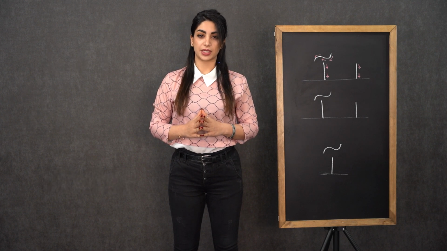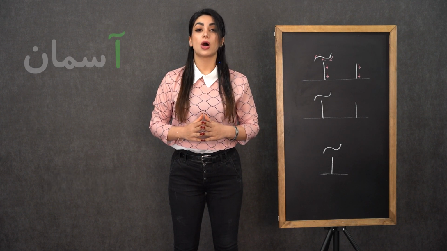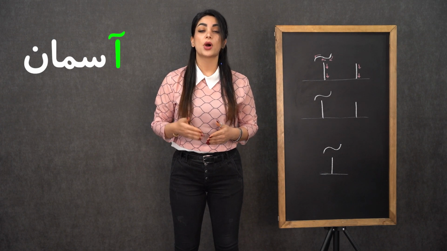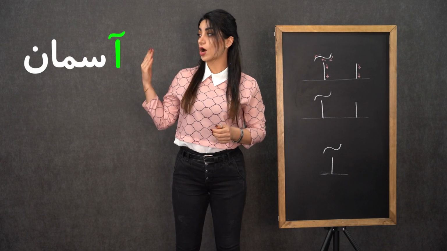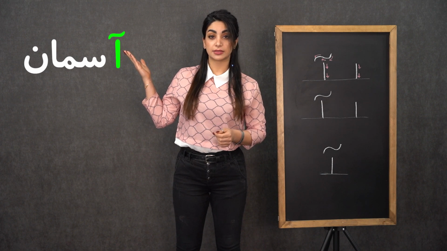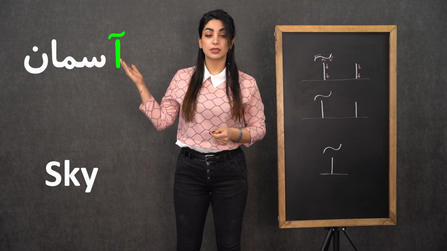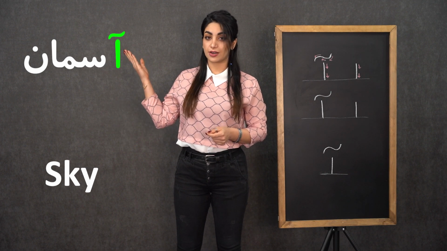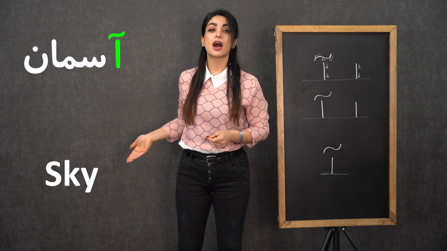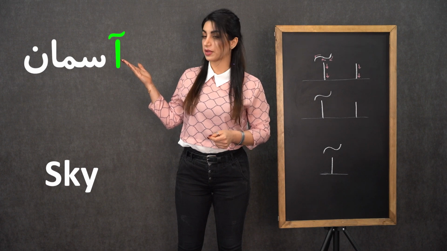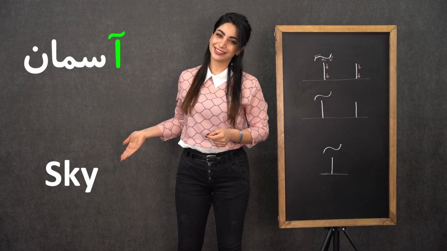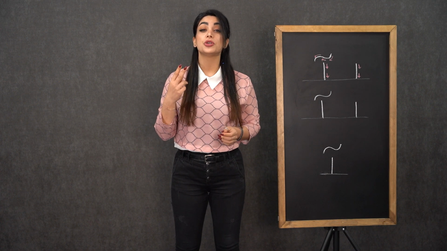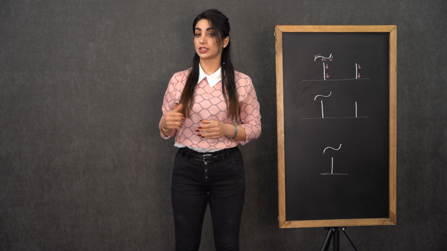What about the other one? Aseman. Aseman means sky in English. Aseman, sky. So right now we know two words in Persian.